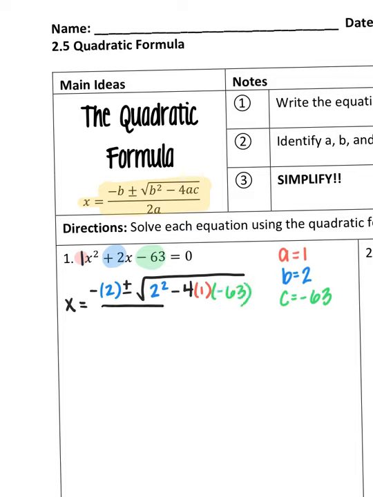And all of that goes over 2 times 1, or 2 times a.